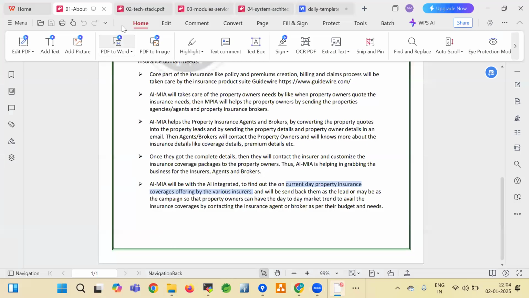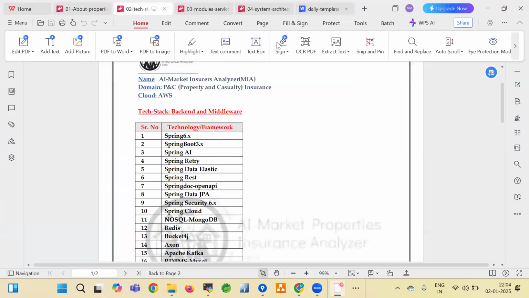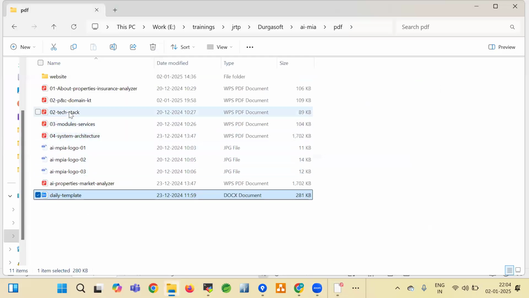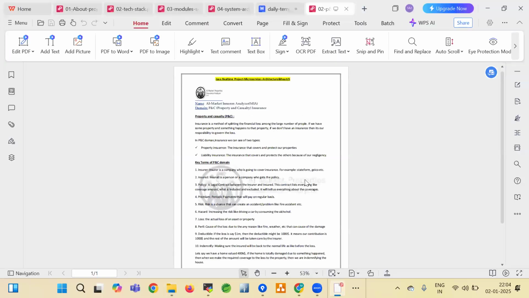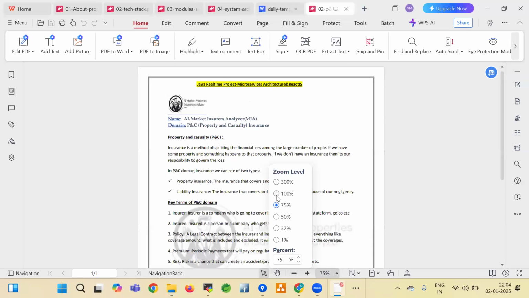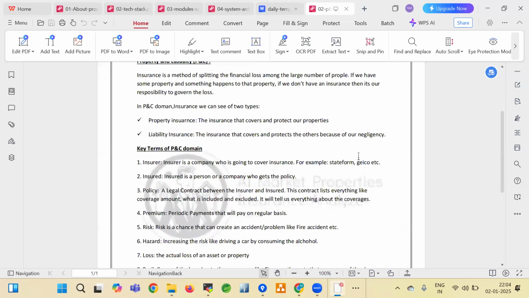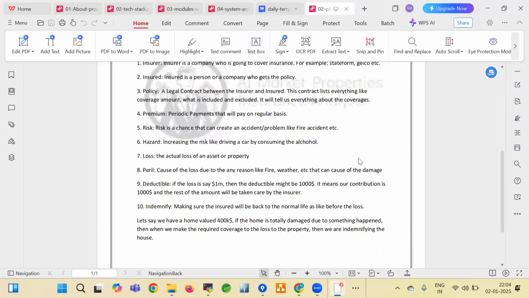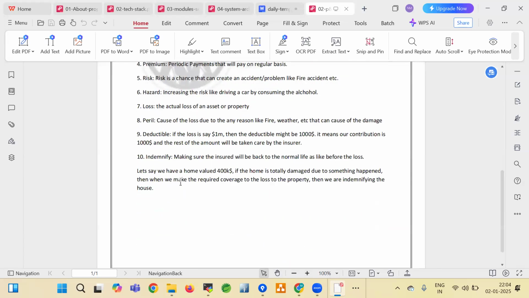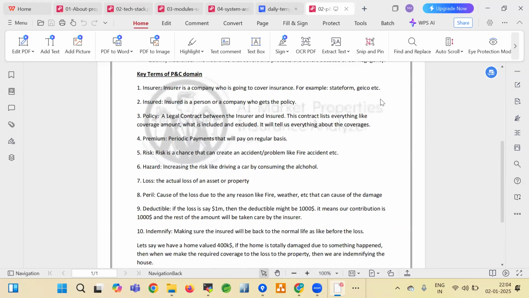The P&C domain knowledge is required, but just the terminology is important, and we can discuss this in our coming sessions. Let us park this aside. Let's move on to the next things.